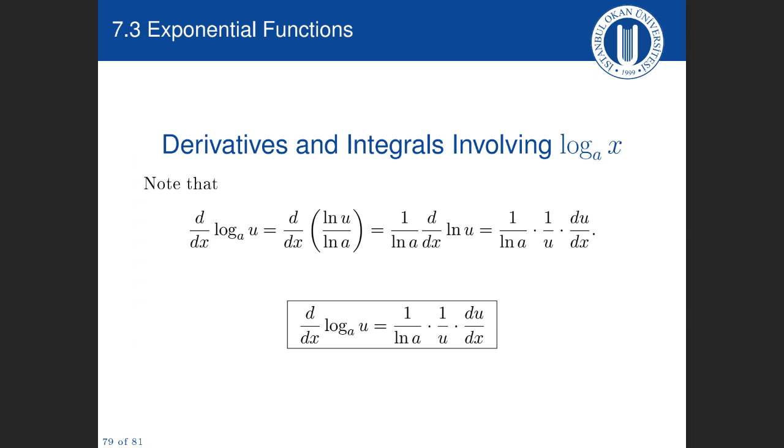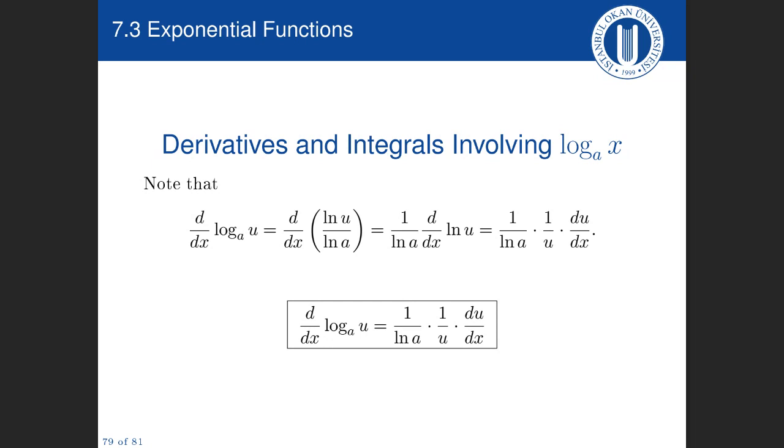The derivative of log base a of u is the derivative of ln u divided by ln a, or 1 over ln a, because that's just a number, multiplied by d/dx of ln u. By the chain rule, that's 1 over ln a, 1 over u, multiplied by du/dx.